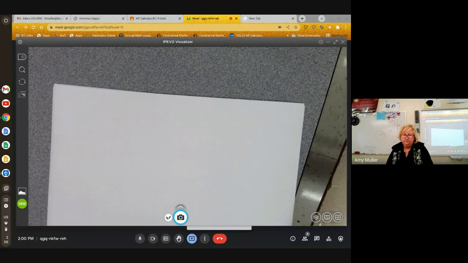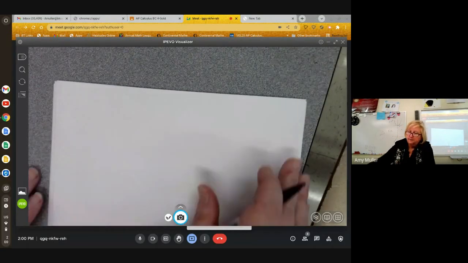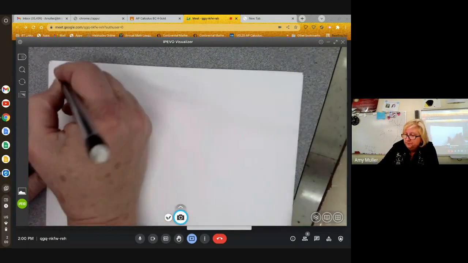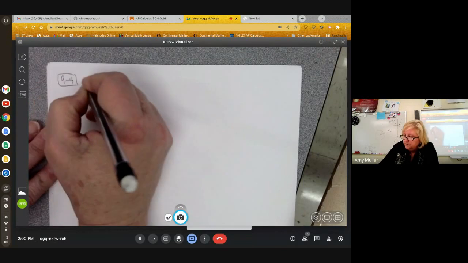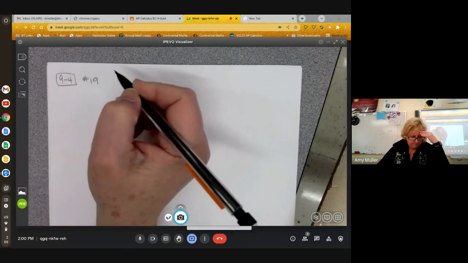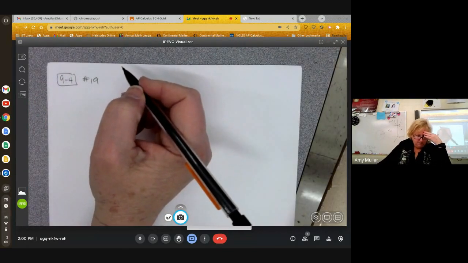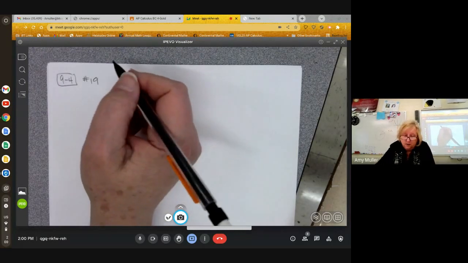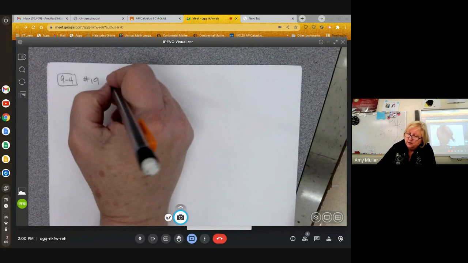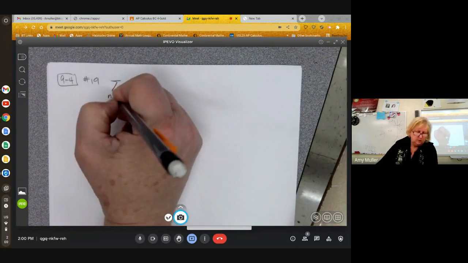My first question was number 19. Number 19. The instructions are find the radius of convergence. So I don't have to check the endpoints. That's the beauty of that statement. So we're going to say the sum from n equals.